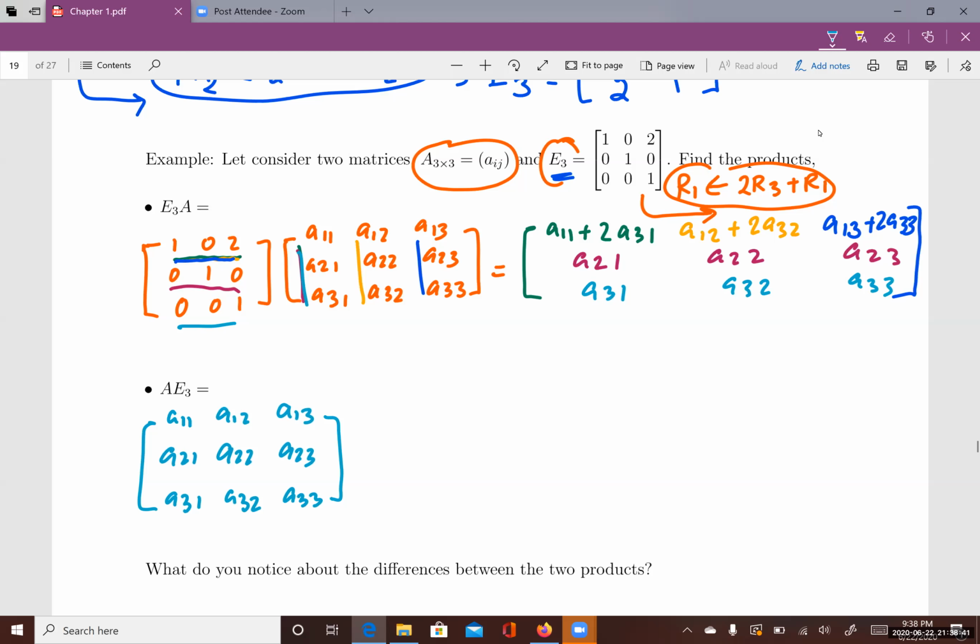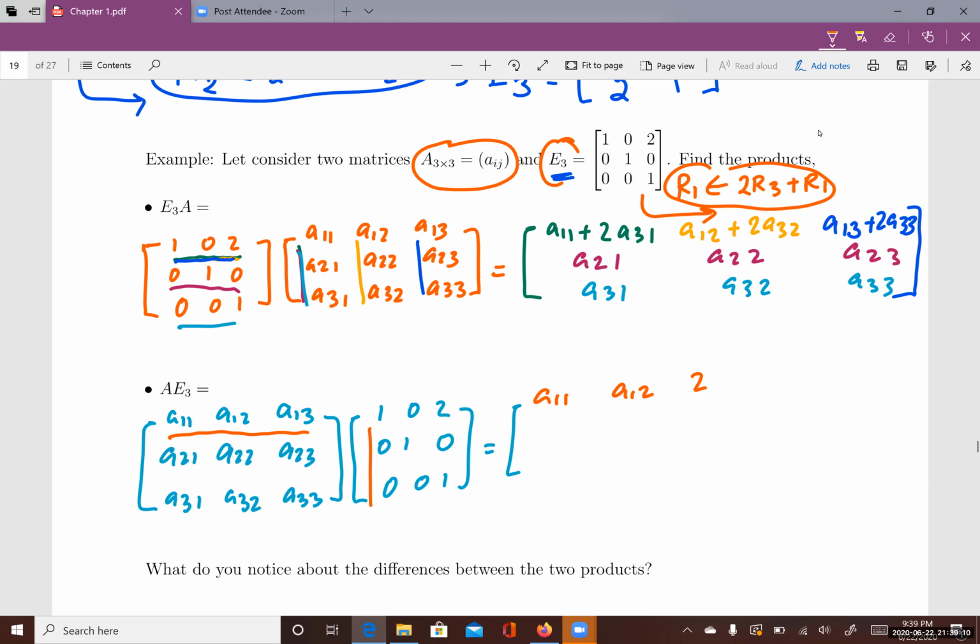You multiply to E3, and we know that E3 is 1 0 2, 0 1 0, 0 0 1. And the result is, as we know how to do matrix multiplications, I will again take row, column.